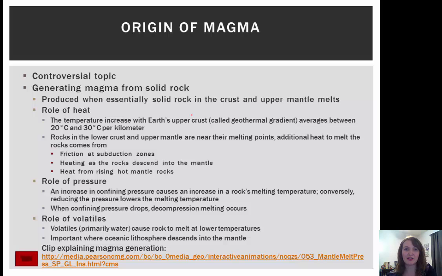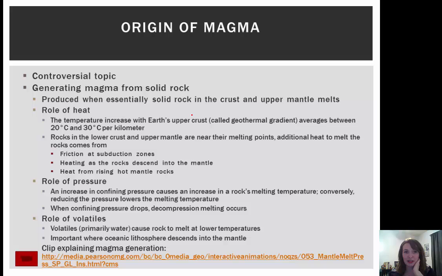So rocks in the lower crust and upper mantle are near their melting points. Additional heat to cause the rocks to melt can come from friction at subduction zones, heating as rocks are descending down into the mantle, and heat rising from hot mantle rocks.